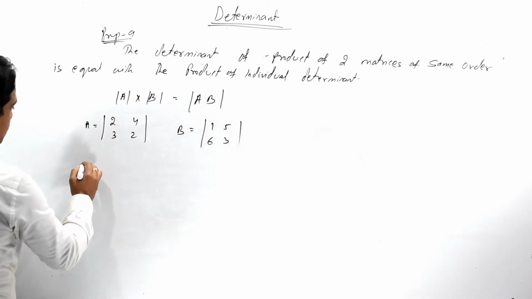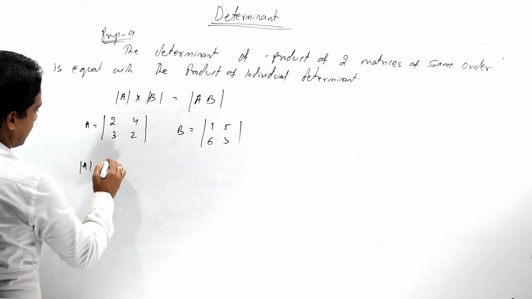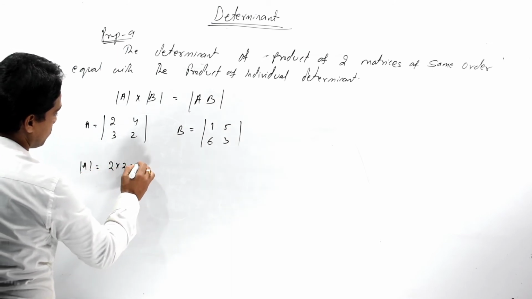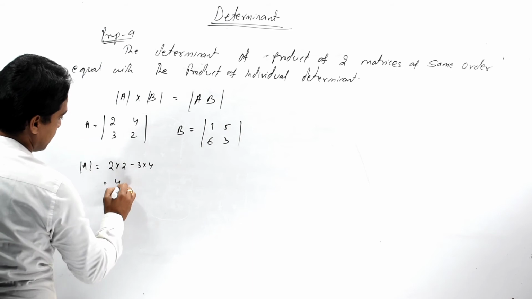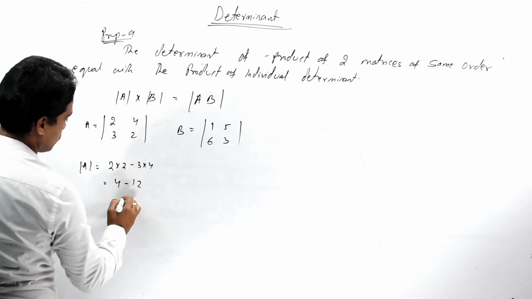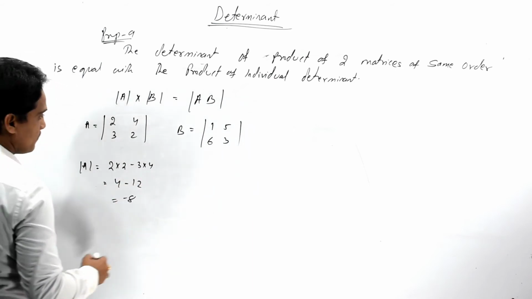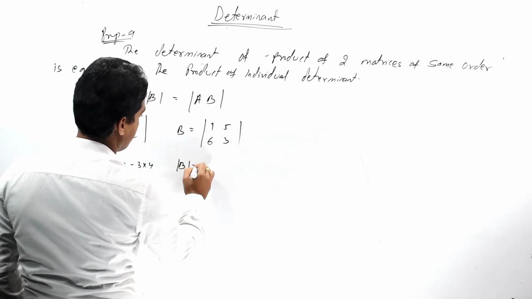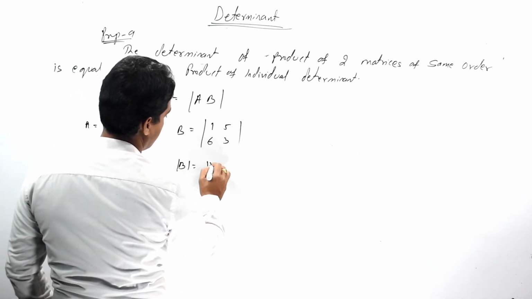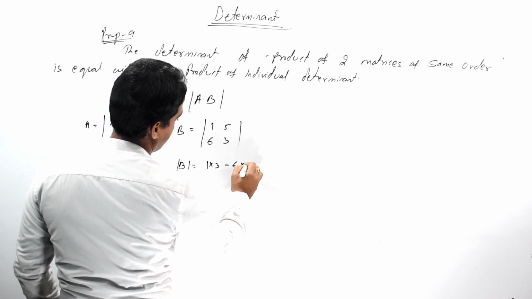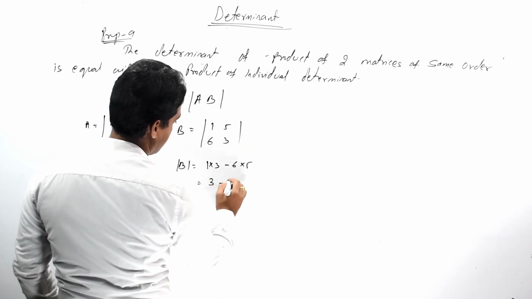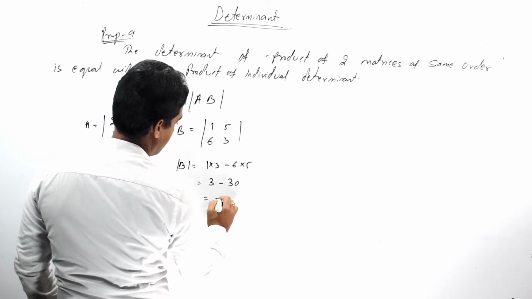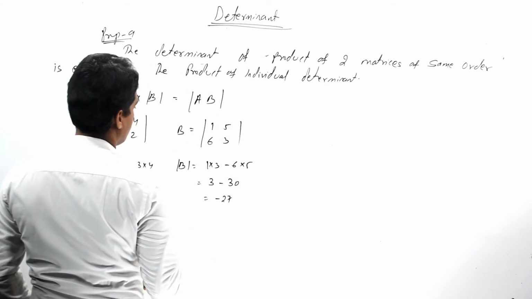So the determinant value of A is 2 into 2 minus 3 into 4, that is 4 minus 12 equals minus 8, and the determinant value of B is 1 into 3 minus 6 into 5, that is 3 minus 30 equals minus 27.